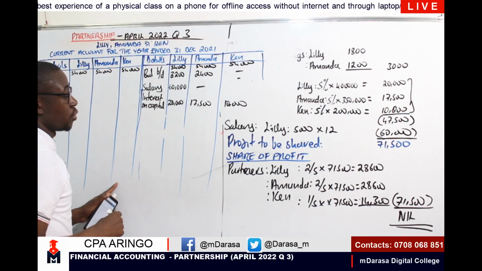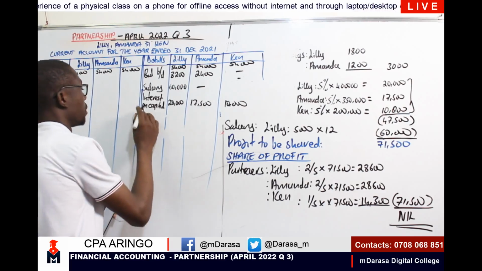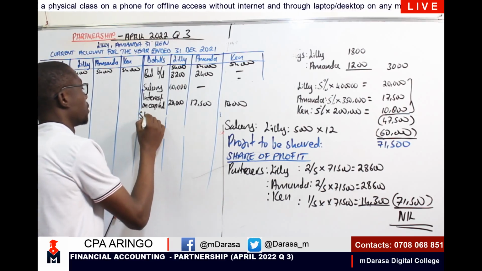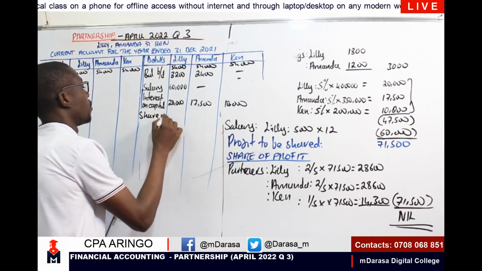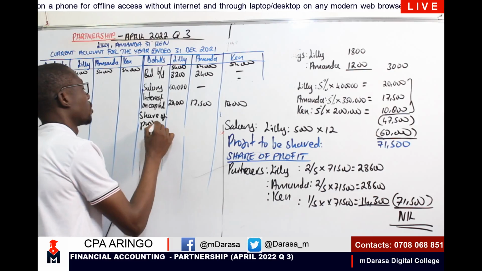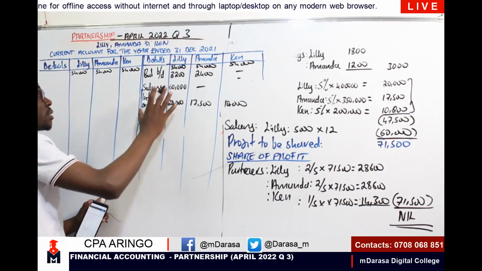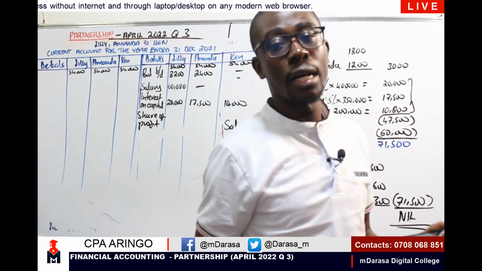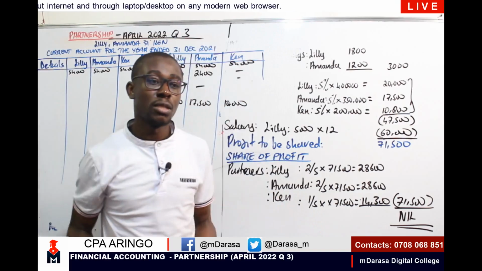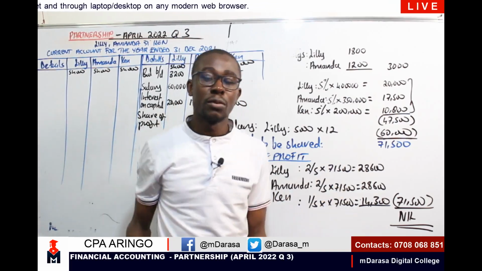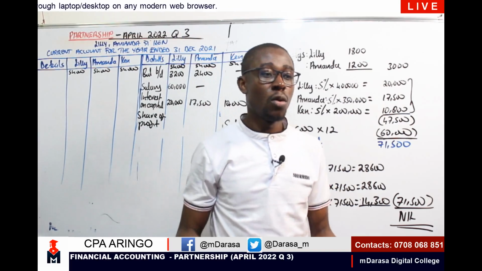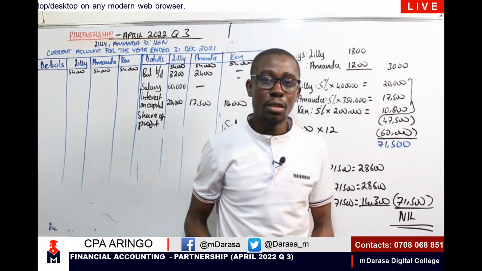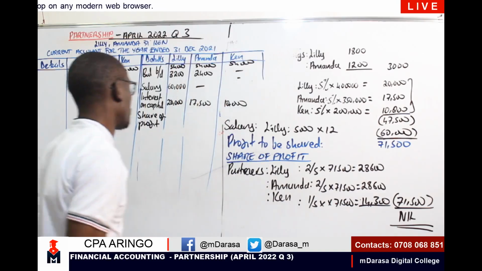Then share of profit, because we don't have any commission. Whatever I'm recording on the credit side is just what we had in our appropriation account. That's a good thing with partnership. Once you master that, it will be very easy to proceed.